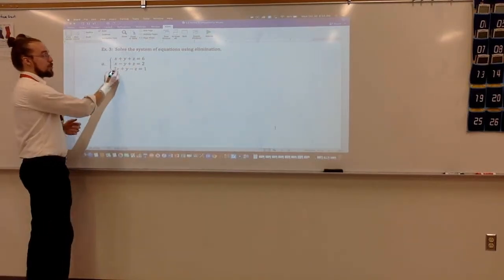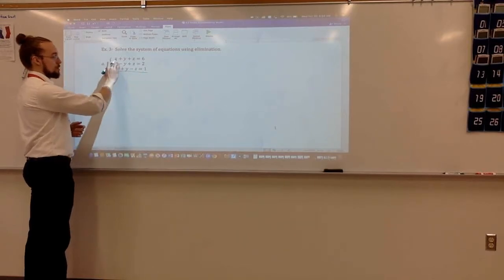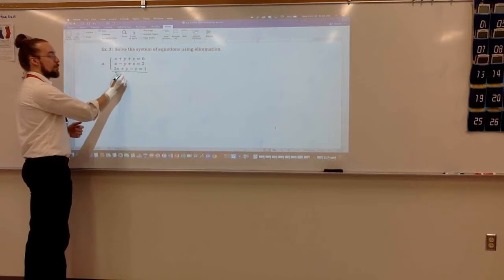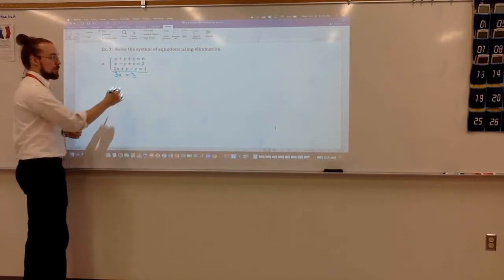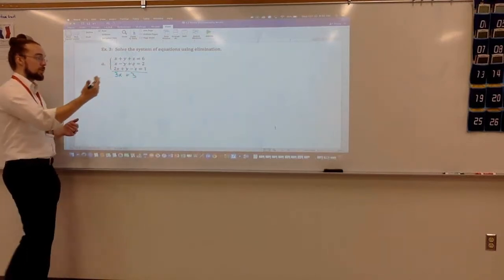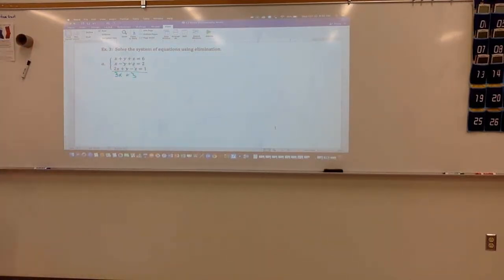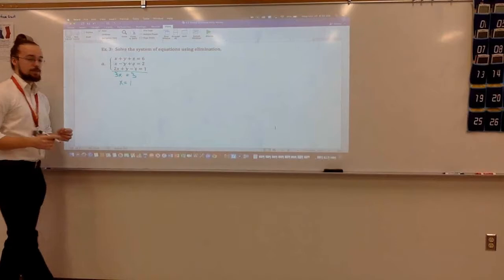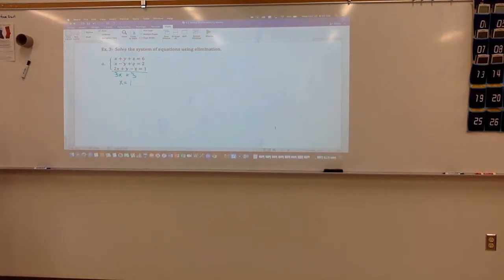So if I take just the second and the third ones and add them together, I'll just end up with 3x equals 3, because y's would cancel and the z's would cancel. Well, then if I divide both sides by 3, I'll just get x equals 1.